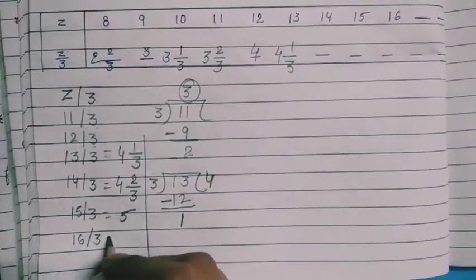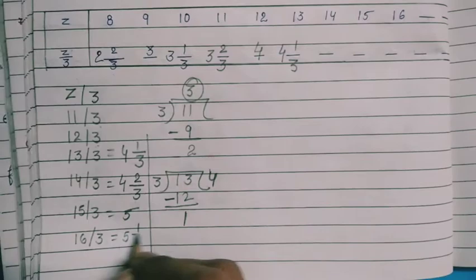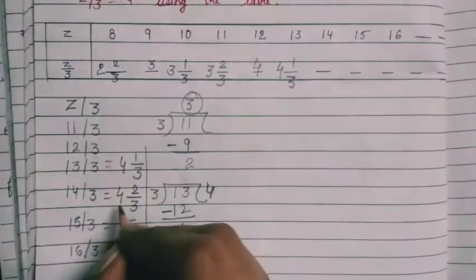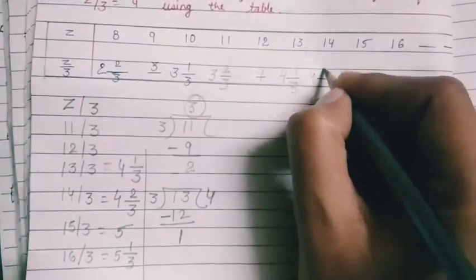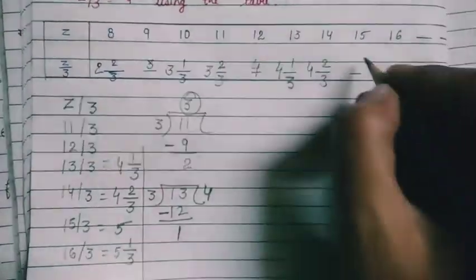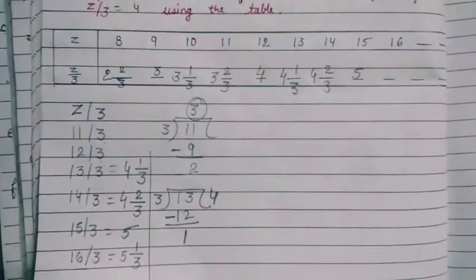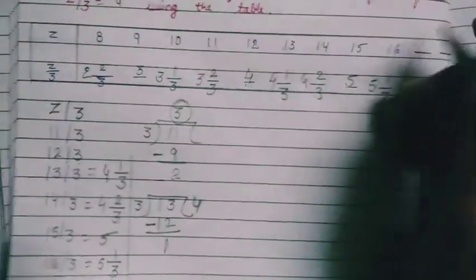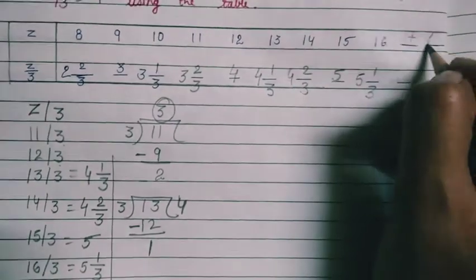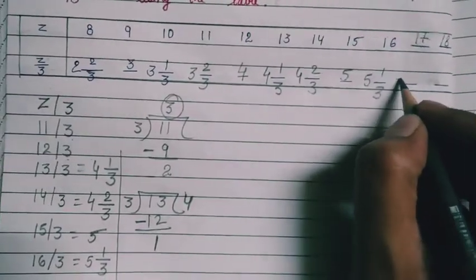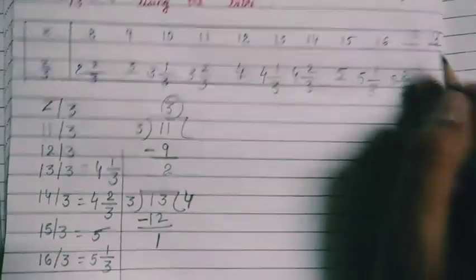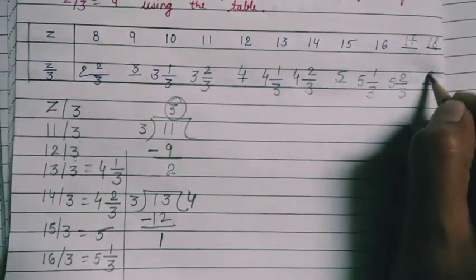When you divide 16 by 3, you will get 5 1 by 3. If we write more numbers, 17 and 18, the 17 answer is 5 2 by 3, and 18 comes in the table of 3 6 times.